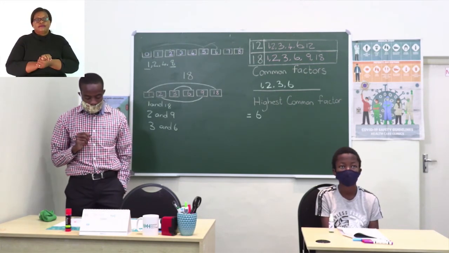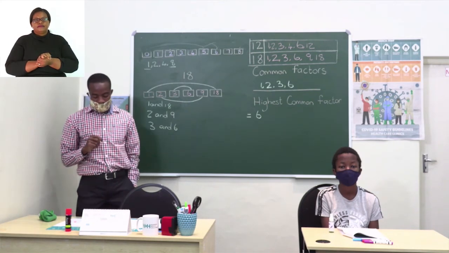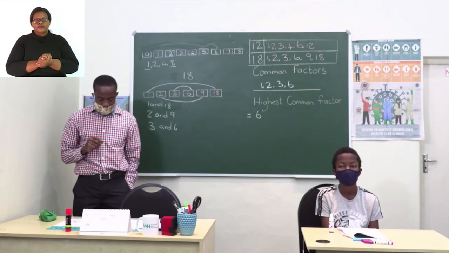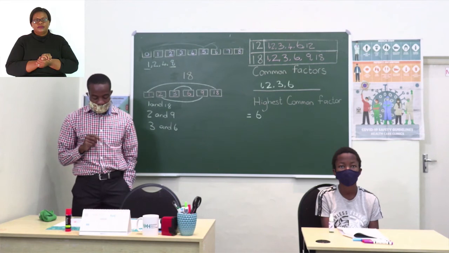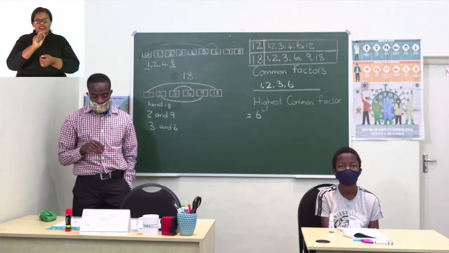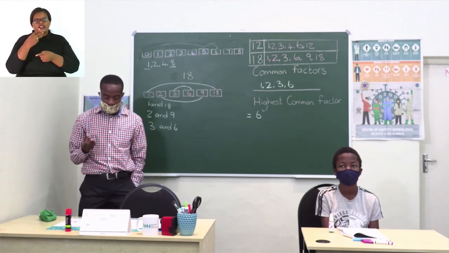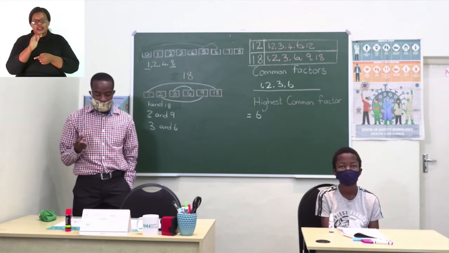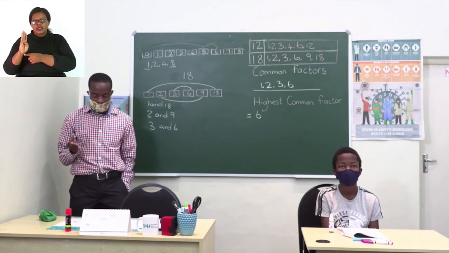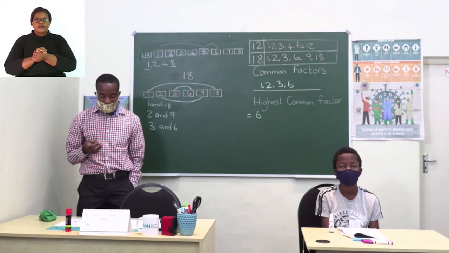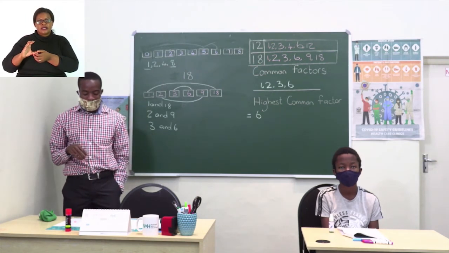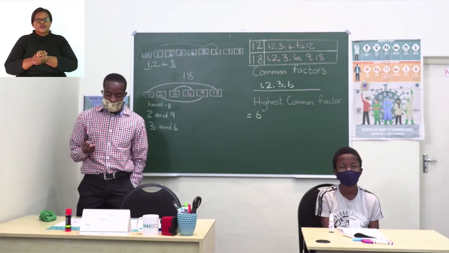All right. Number 2. List the factors of 3, 5, and then which is A, and then B, which is 48, and then C, which is 72. Now this is quite easy.